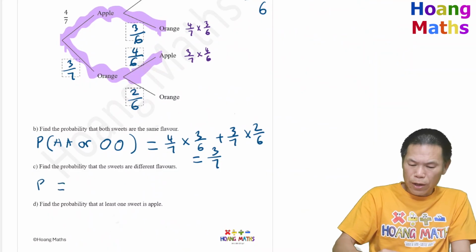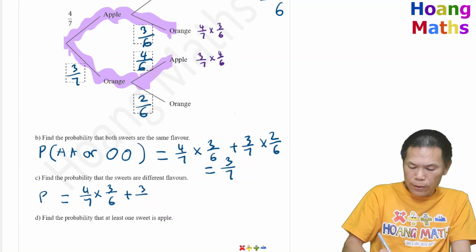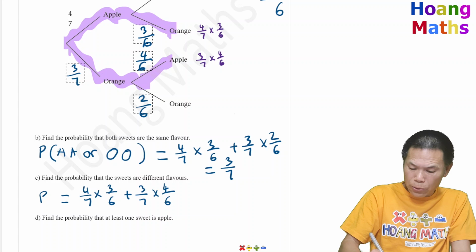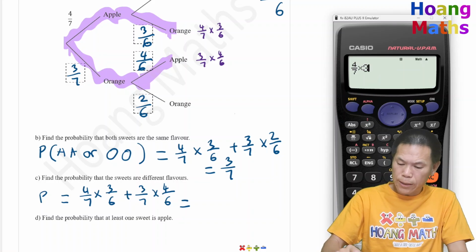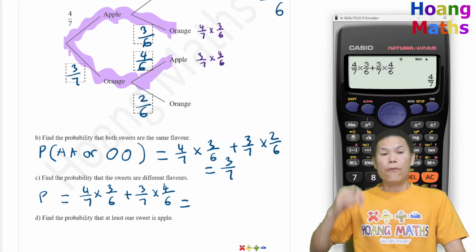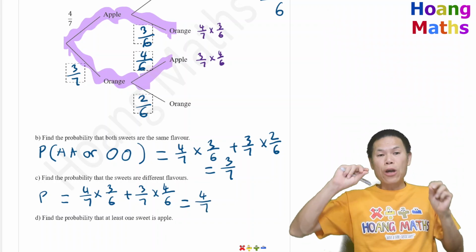That will do because I ran out of space here. So now we just go 4/7 times 3/6. We add 3/7 times 4/6. So that is equal to 4/7 times 3/6, then we add 3/7 times 4/6. That gives 4/7. There you go.